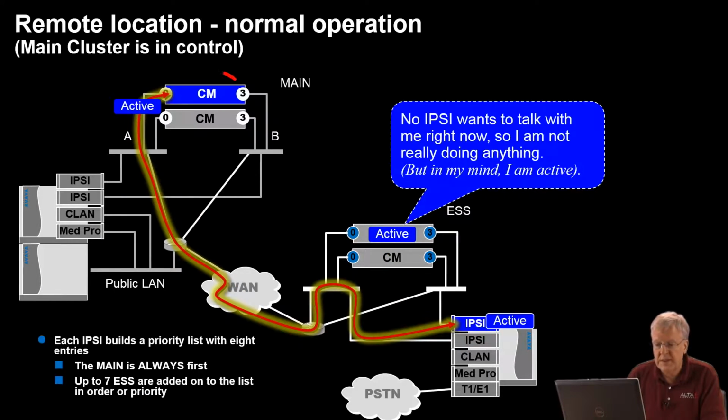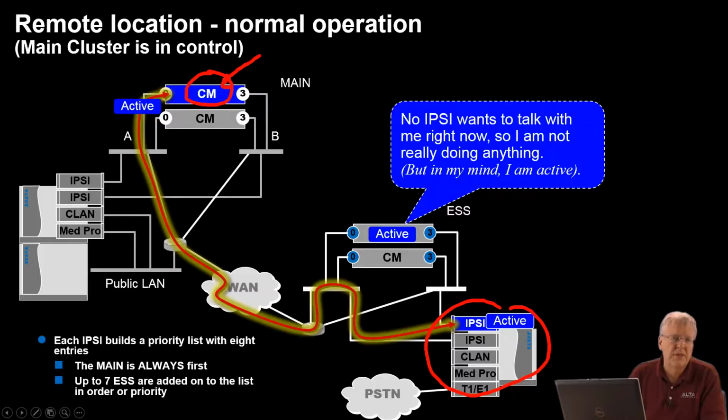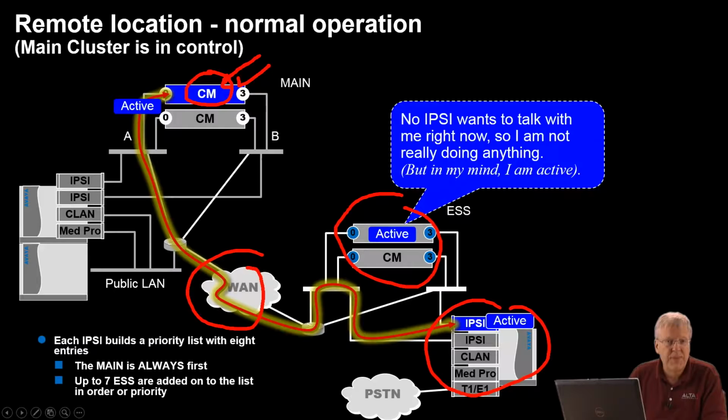And if we have the primary set to be the ones at the home network, then here's the active control, which means this communications manager is controlling this remote port network. Now, that's actually desirable because we kind of have the whole network running off of this communications manager, and as long as the network is working, that means as long as the wide area network is there, as long as this CM is online, we really don't need these guys.